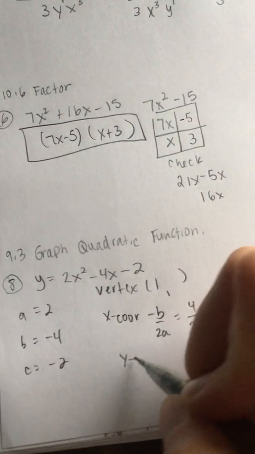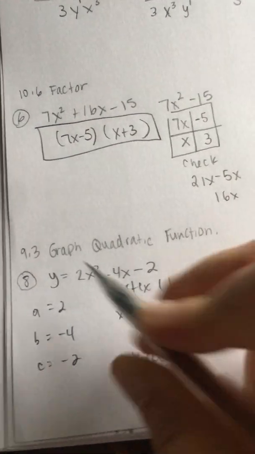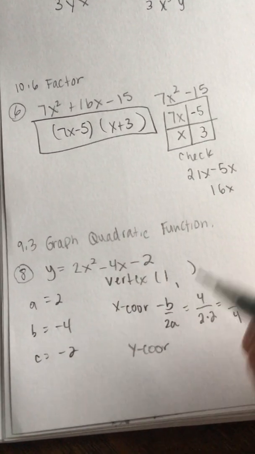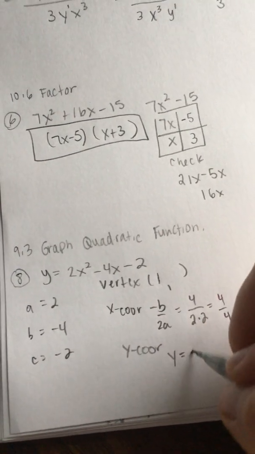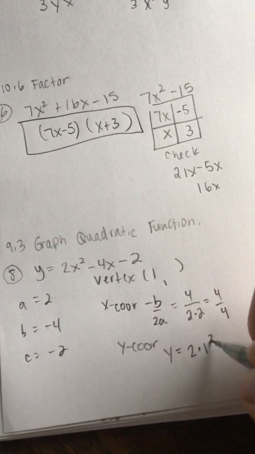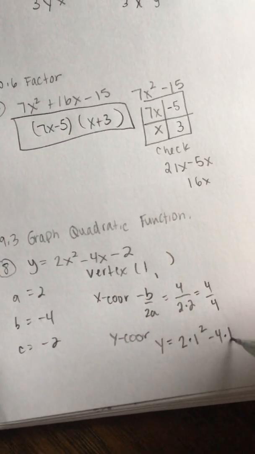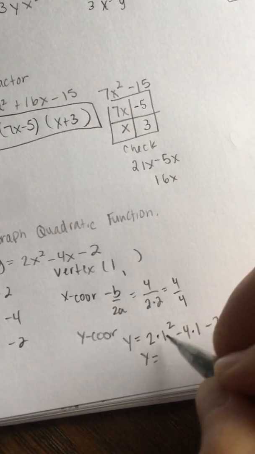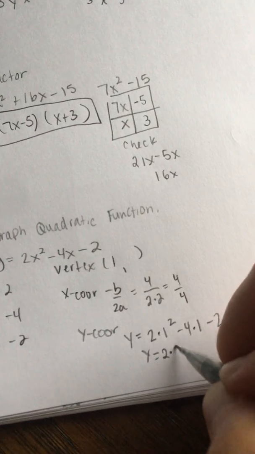And then to find the y-coordinate, we go back to the original. Everywhere there's an x, we are now going to put a 1. We have to be careful with our order of operations here. So I need to square first to get 1. I'm going to take 2 times 1.